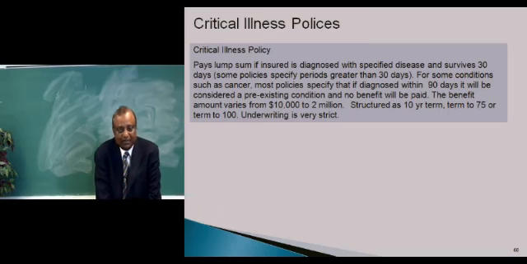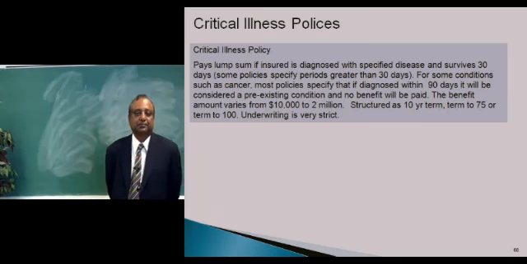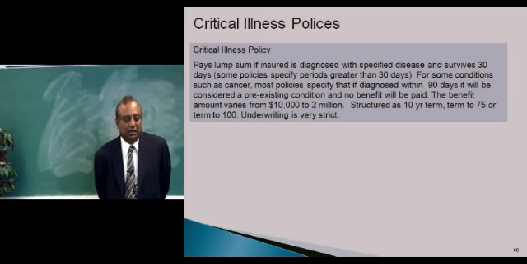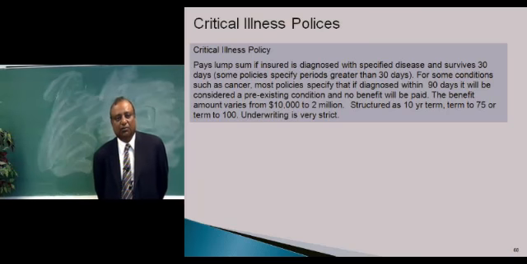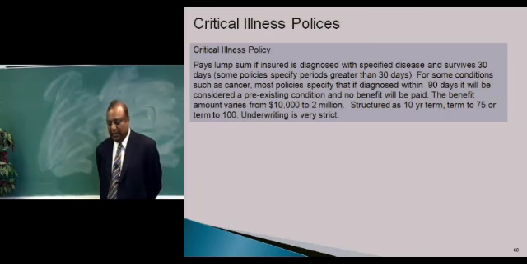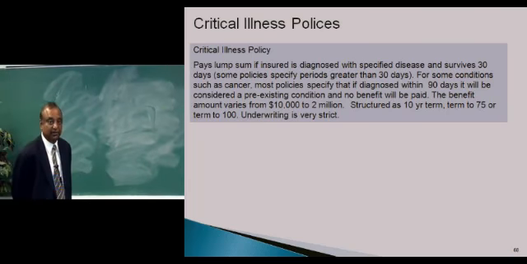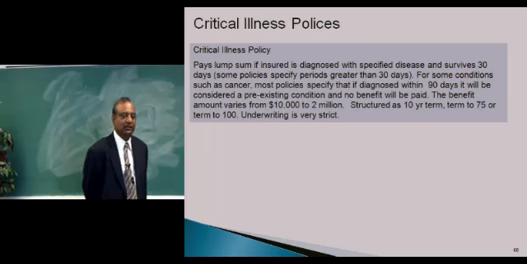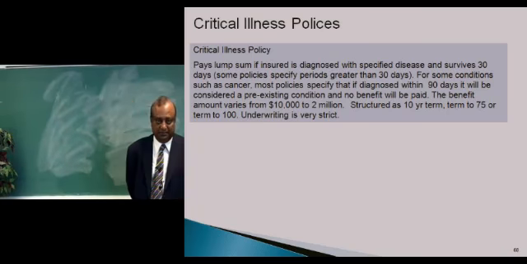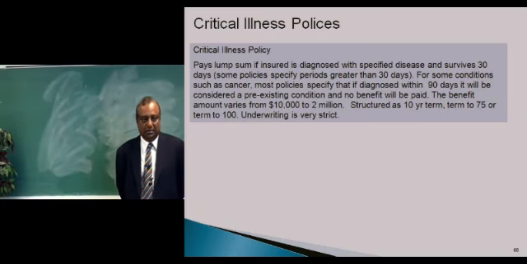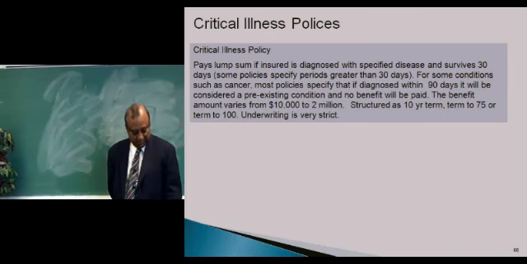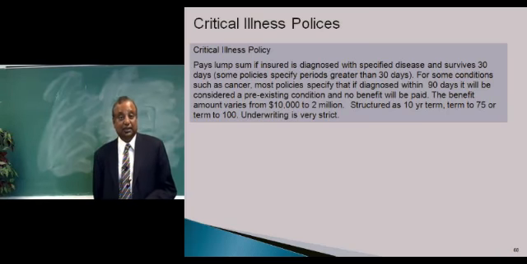If you survive 30 days, you will be paid the lump sum. For certain conditions such as cancer, policies specify that if the cancer is diagnosed within 90 days of issue of the policy, it will be considered a pre-existing condition and no money will be paid. You have to survive 30 days. Okay?